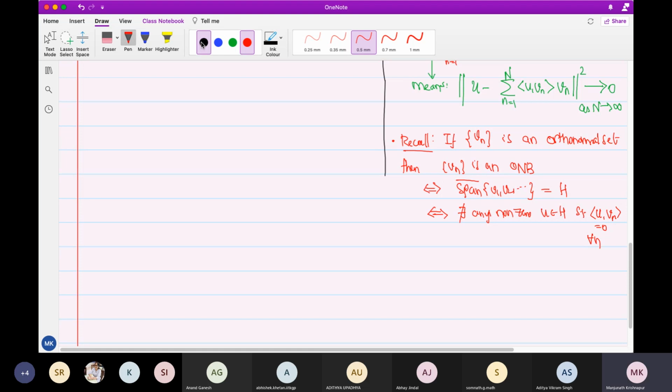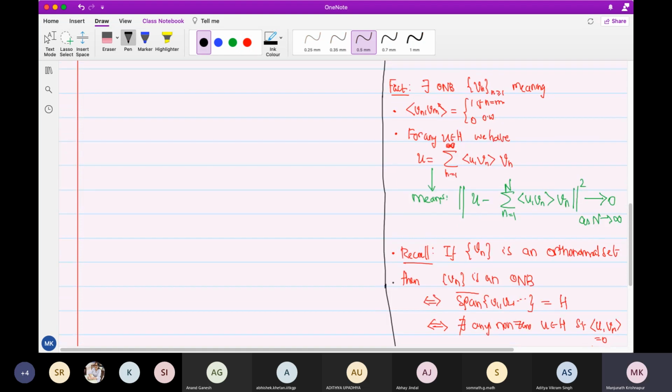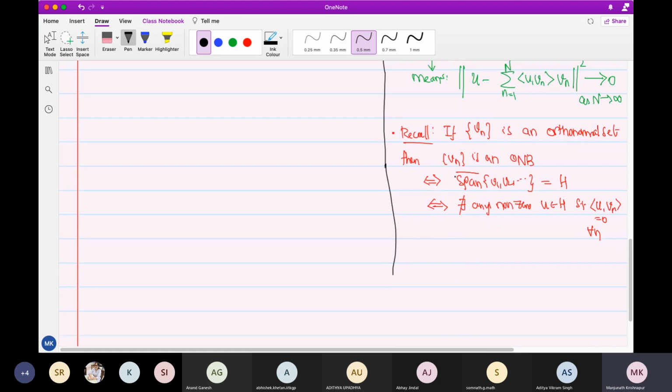So orthonormal basis means you can expand any vector in it, but it is useful to remember that it just means the closed span of these Vns is the whole of H, and that there's nothing orthogonal to all the Vns. If some vector is orthogonal to all the Vns, then it must be the zero vector.